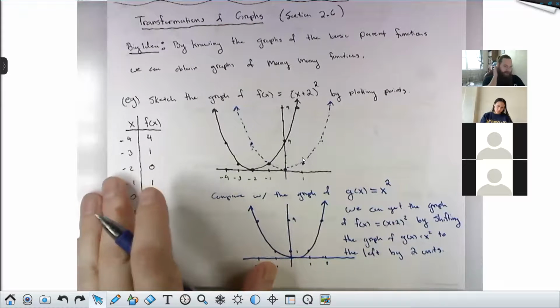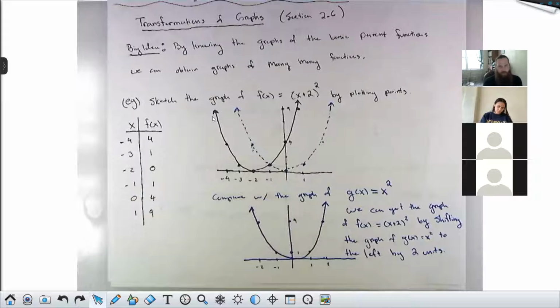And if you look at the algebra, the definition of the function f, there is a thing in there that clues you in, right? If there's a left shift of 2, well, I got a 2 here. And those things are connected in the way they appear to be connected.